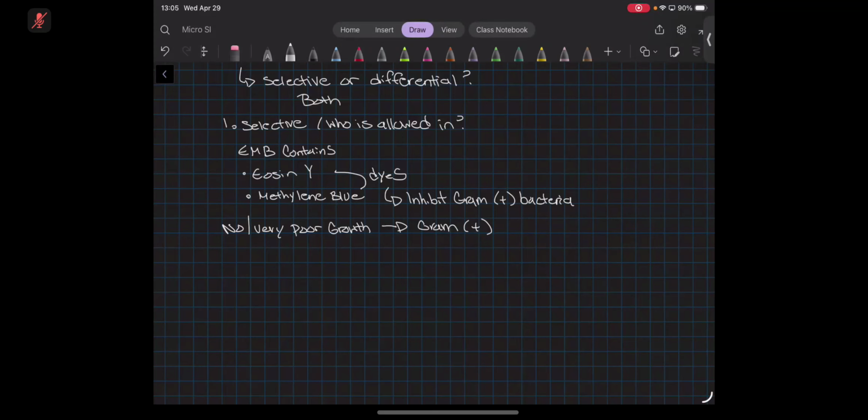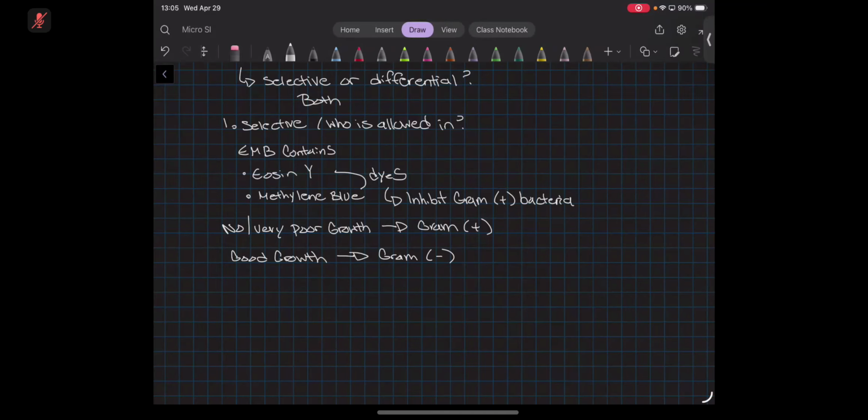If you have good growth, what does that mean automatically just by looking at the agar? That it's a gram negative. So only gram negatives will grow on an EMB. So if you put Staphylococcus aureus on there, is it going to grow? No.